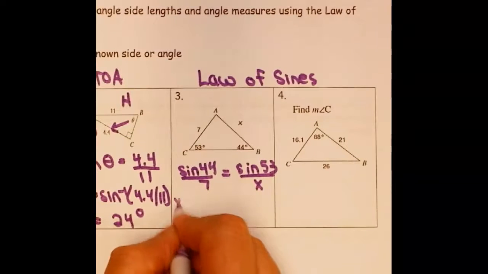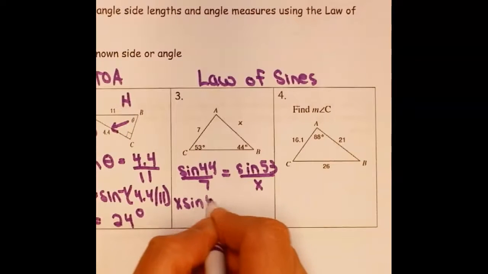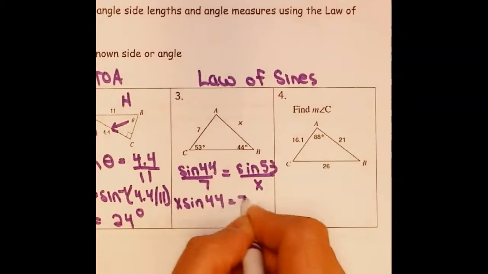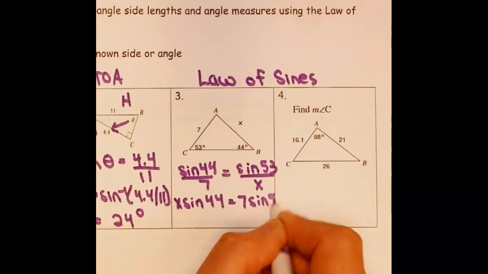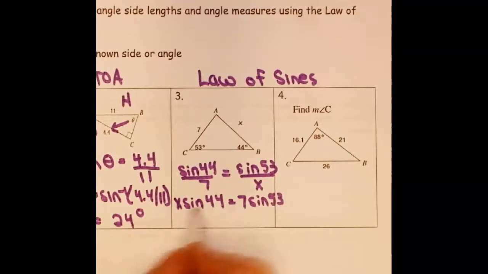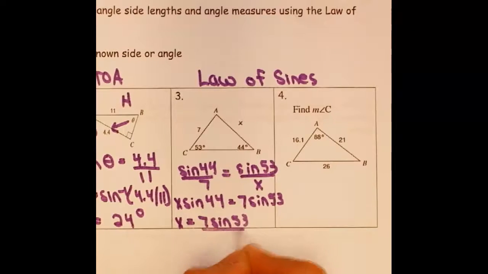Cross multiplying. And then ultimately we need to get x by itself, so we can divide by the sine of 44. And we end up with, in this case, 8.0.